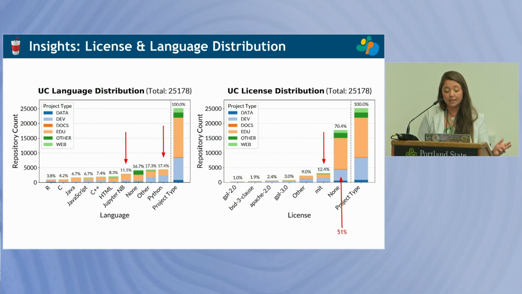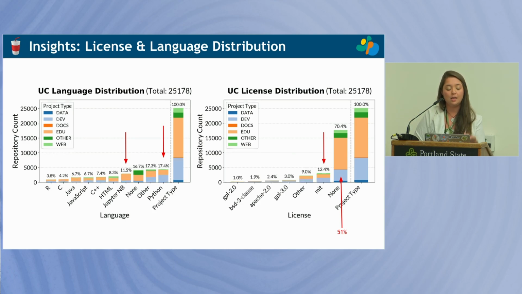Some interesting insights from these: 17% of the projects use Python. This is actually the most popular language. This is consistent with the latest GitHub open source report from 2024, where Python was also the most popular language. And if you see, most of the projects that use Python are development projects.